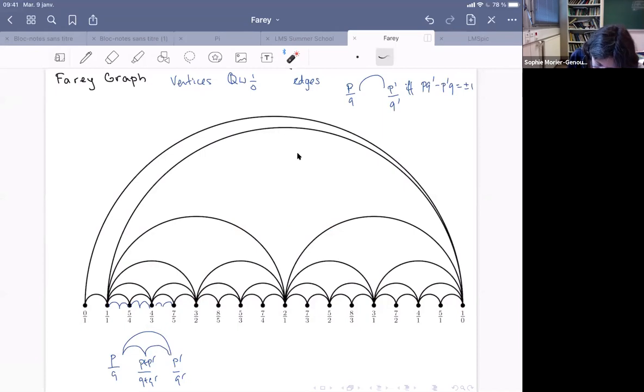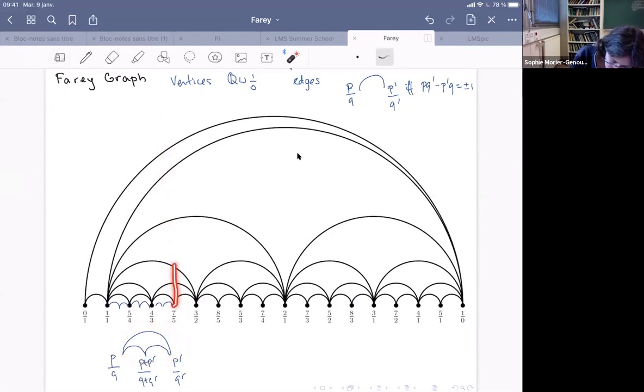Why? Because if you pick a rational and you are interested in its continued fractions, what you can do is just draw a vertical line. This will extract from the picture finitely many triangles. Now when I say triangle, I mean this shape.